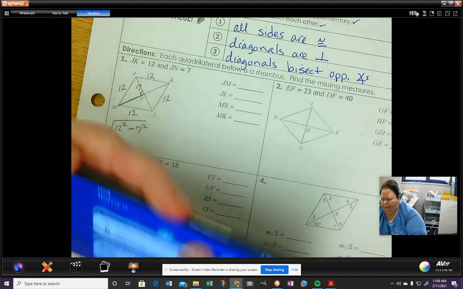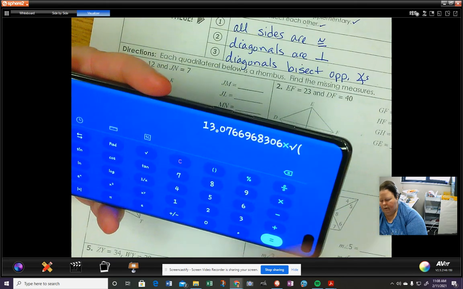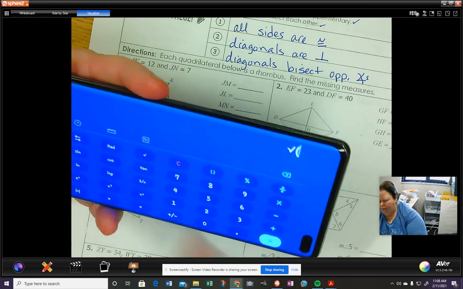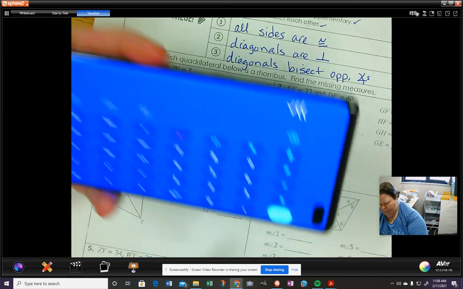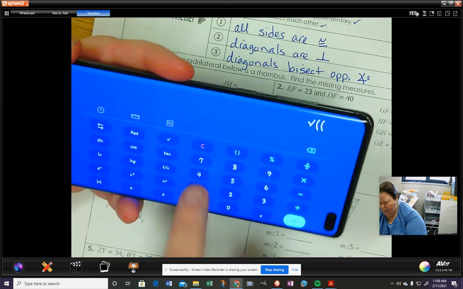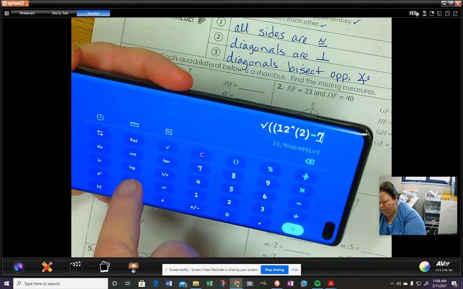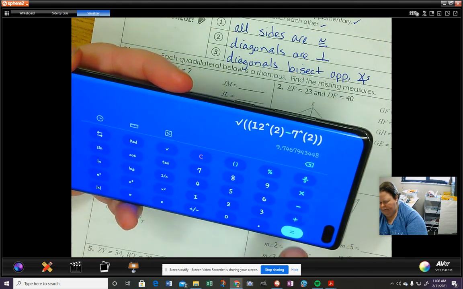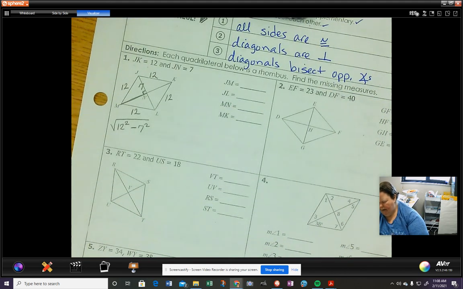Let's see here. Square root, parentheses, 12 squared minus 7 squared, close parentheses, equals 9.75. So I'm just going to do 9.7.